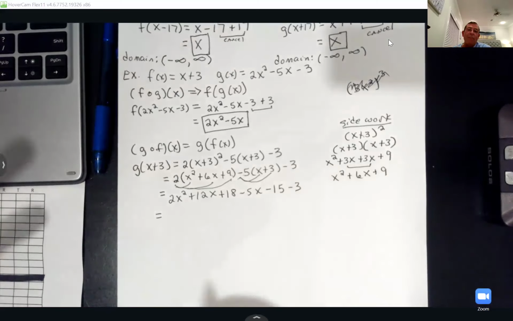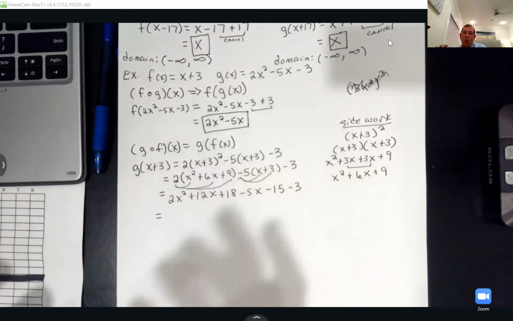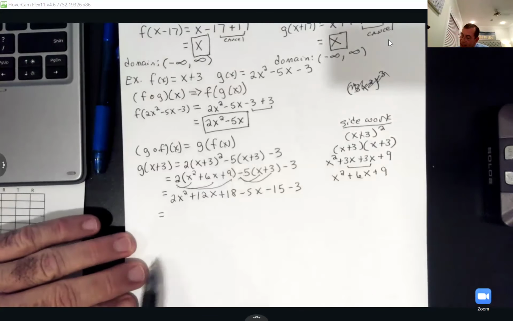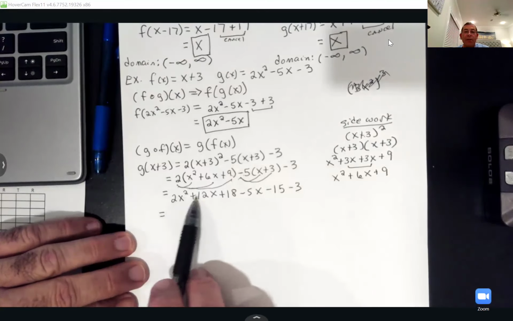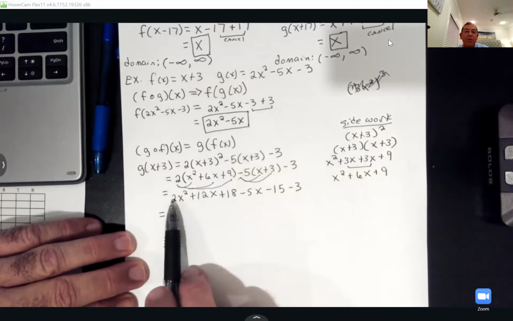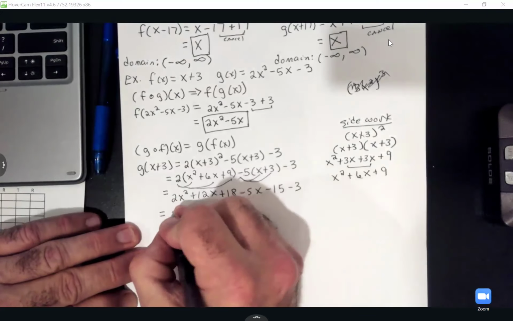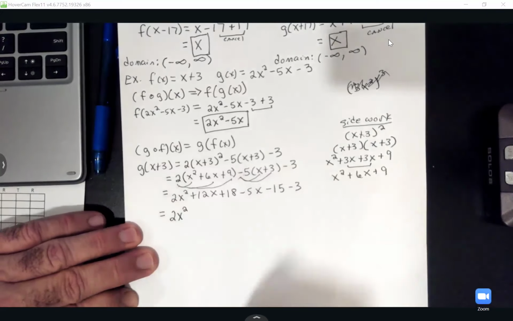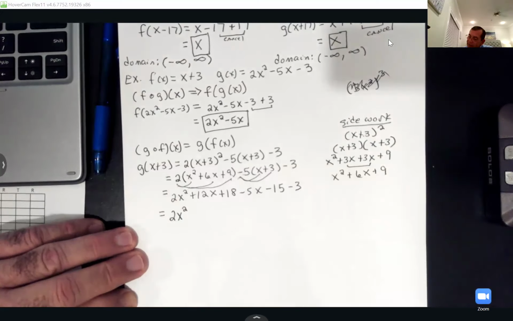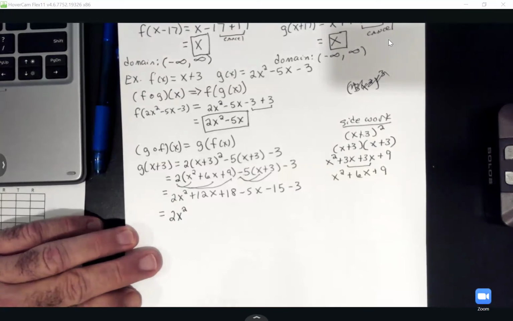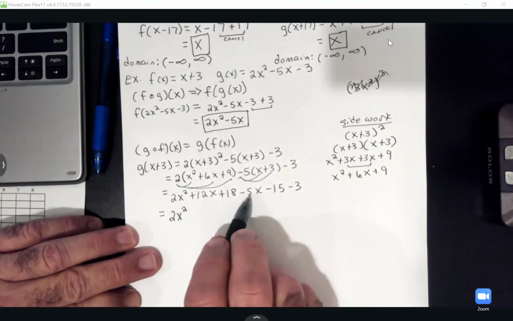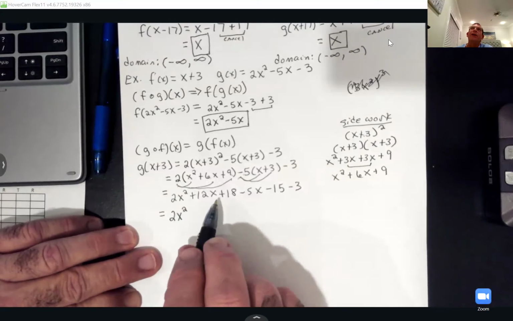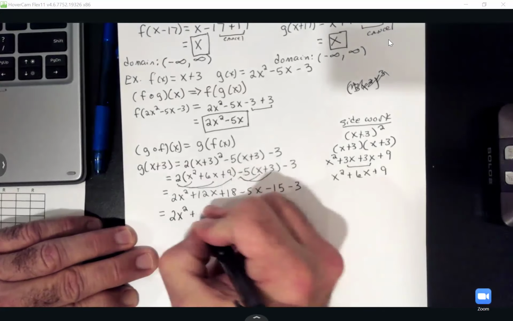All right, so I'm just going to write my order in what I call descending order. So I'm going to start with the highest exponent. And there's nothing for it to add to. So I'm going to bring down my 2x squared. All right, what's next? Plus 12x minus 5x. So let's see. 12 plus -5 is 7x.